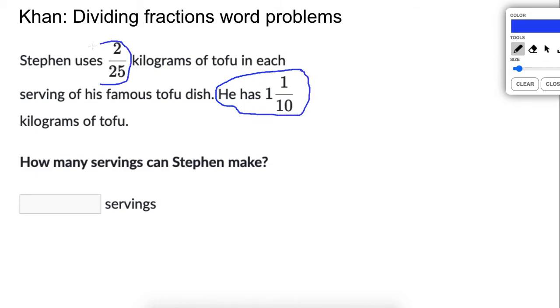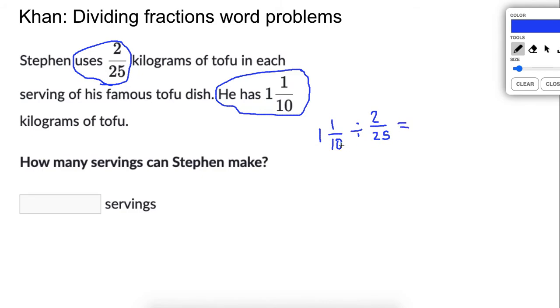So it's going to be what he has divided by what he uses to figure out how many he can make. So 1 1/10 divided by 2/25, because we want to know how many times the serving sizes go into that. So let's go ahead and write that out.